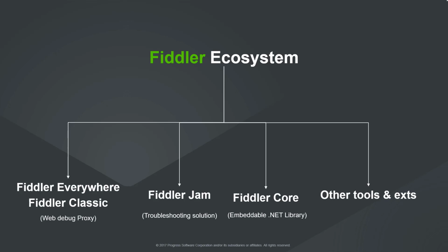And then the next product is Fiddler Jam, which is a troubleshooting solution for support and development teams. And then Fiddler Core is an embeddable .NET library which can be used to embed the Fiddler Core library inside your application. And finally, we have a host of other tools and extensions available, some of which were built in-house and some of them were built by our awesome community.